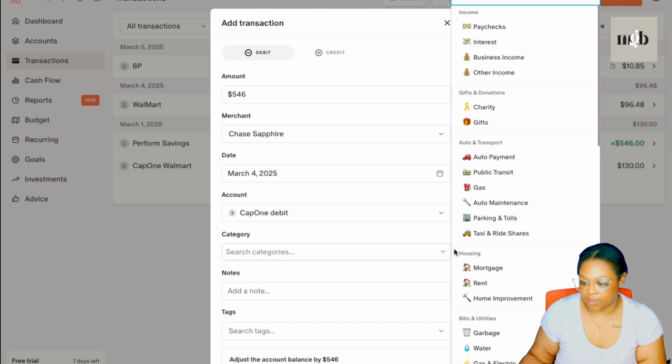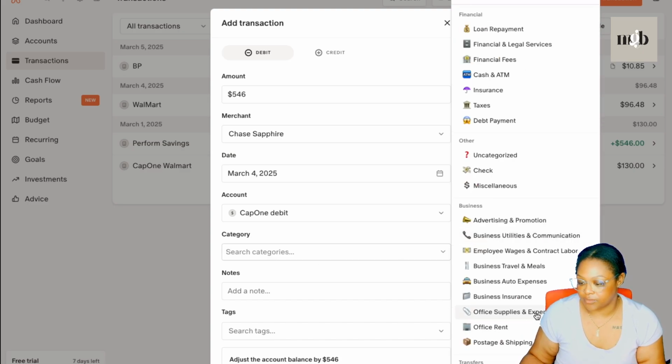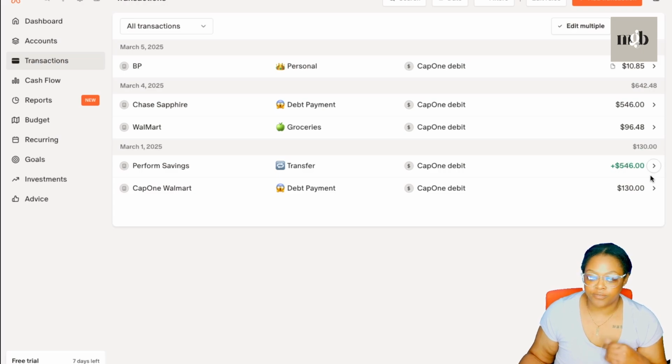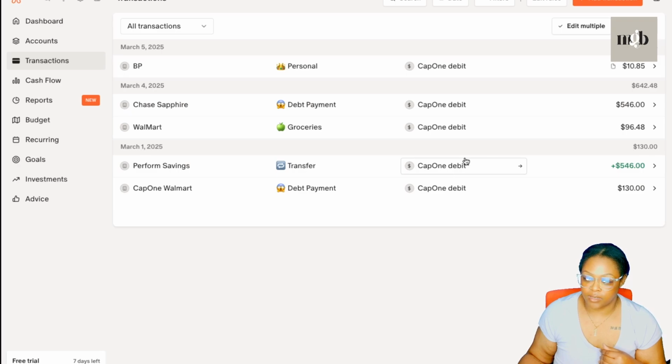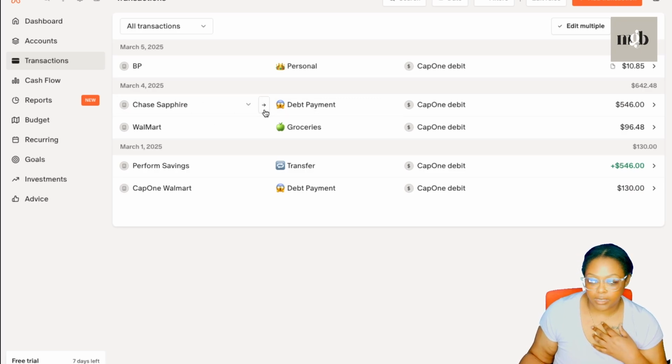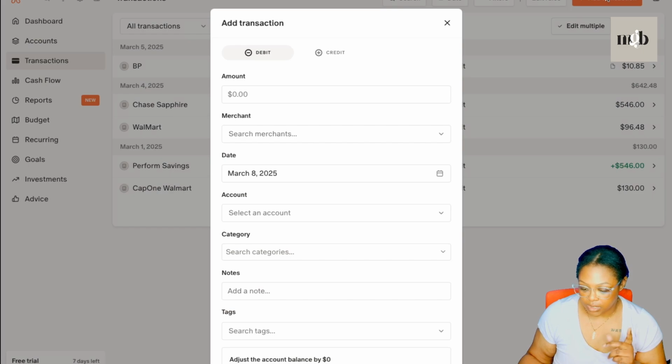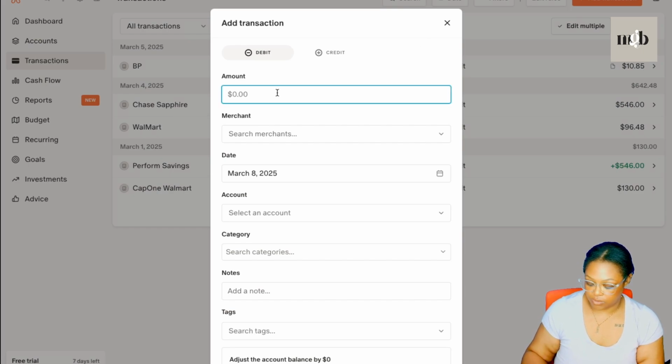That was the actual payment. So now I'm going to actually classify this as debt payment. So I transferred 546 from my savings to my debit. And then I turned around and I used that 546 to pay my Chase. Okay, yeah, it's pretty much straightforward. Like, just got to kind of get the terminology down a little bit.